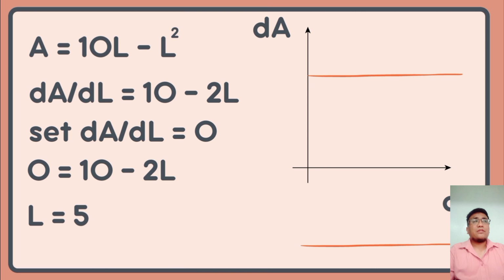So now, this graph is a relationship between the length and the area. So 5 is located at the x-axis, which is the L, the change in length. So we have 5 here. Okay? Any question?